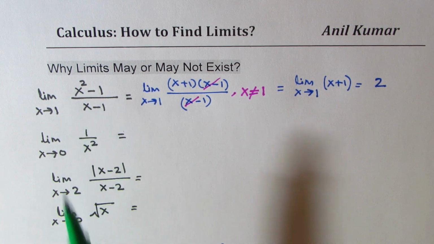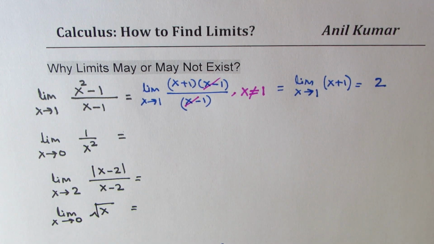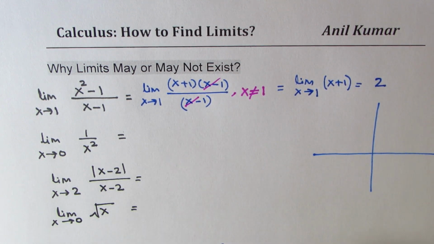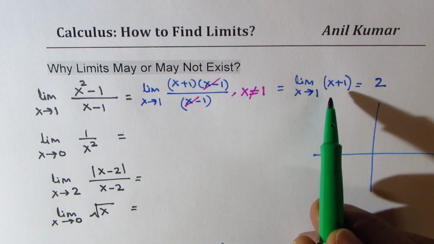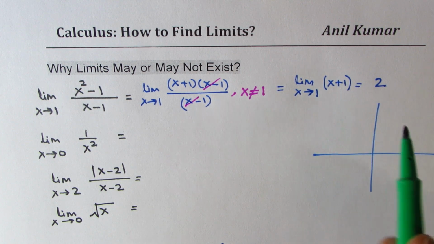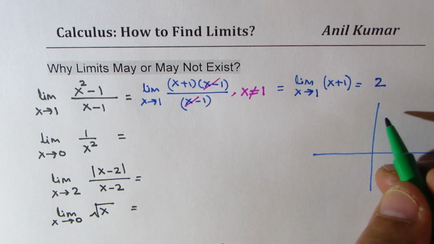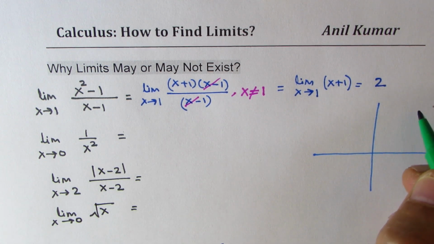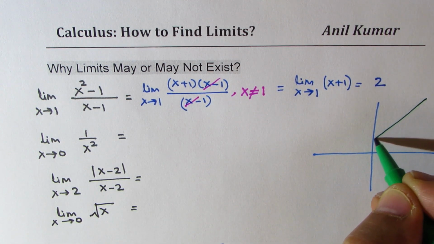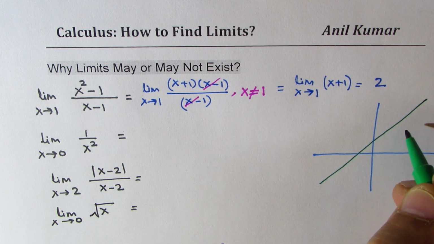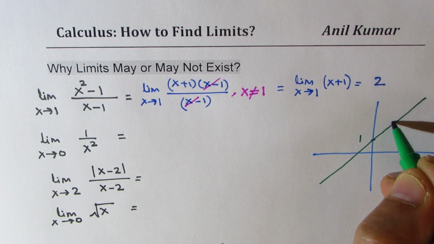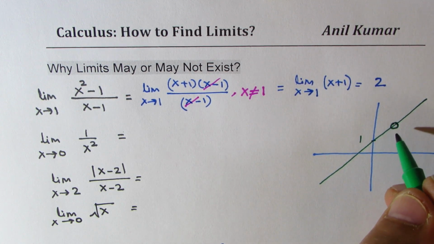Correct? If I have to sketch this graph, let me just make a small sketch here. How will it look? Okay. So we finally got a straight line, x plus 1. So that means something like this, right? But it is not defined at x equals 1. So let me just sketch a line here first. Okay, so this point is 1 for me, but at 1 we have a hole. Do you get the idea?